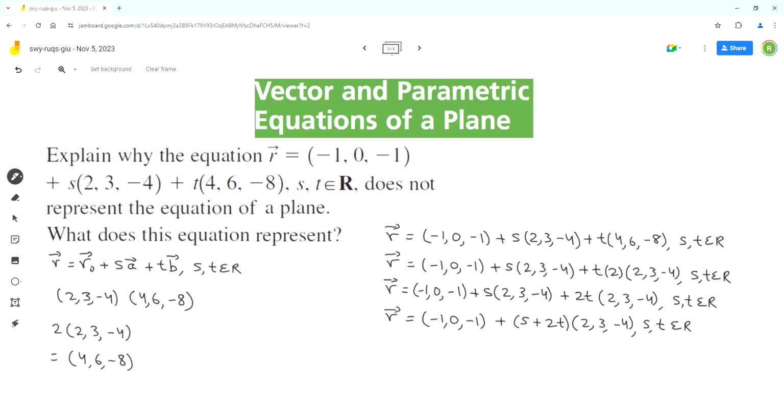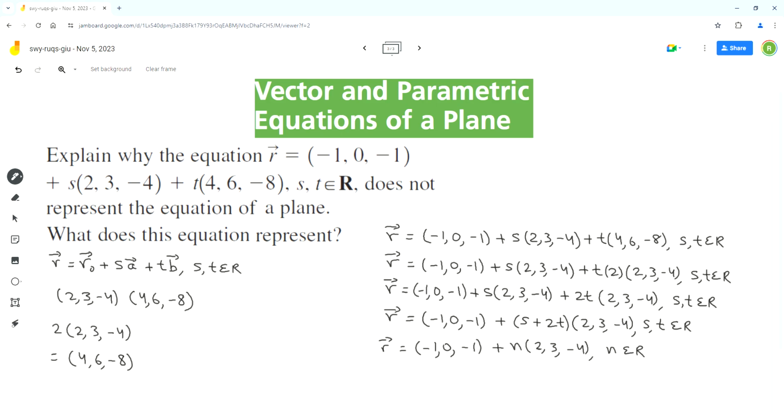So this expression s plus 2t can be replaced by a variable that can be any real number. We can replace this with n. The equation looks like the vector equation for a line. So that means the given equation represents a line.